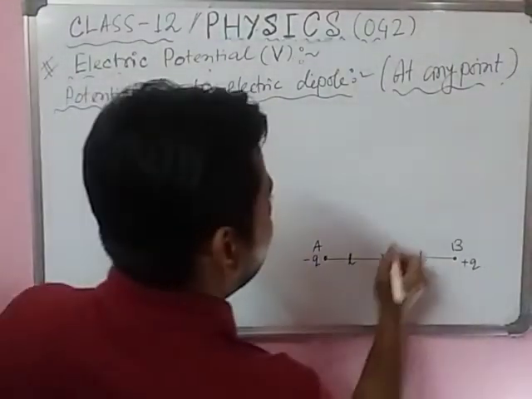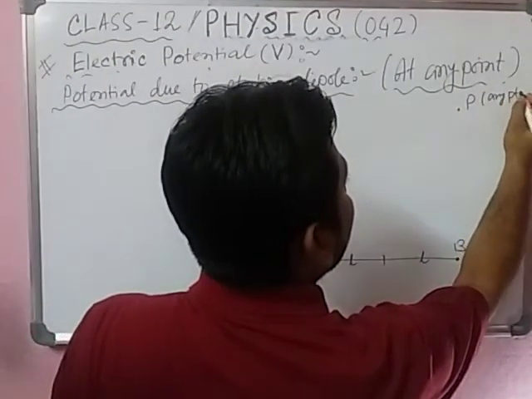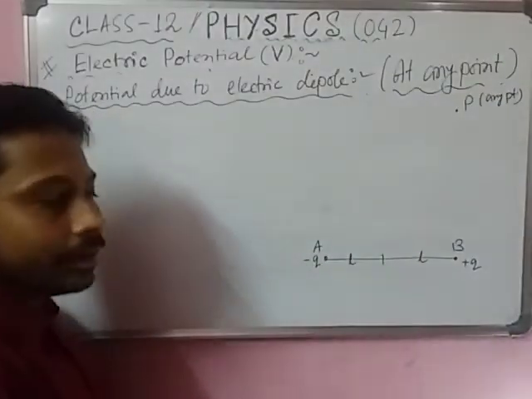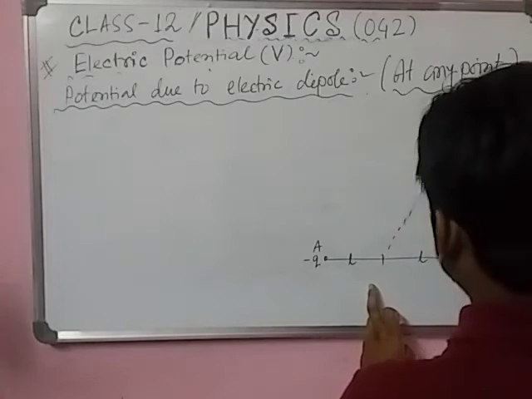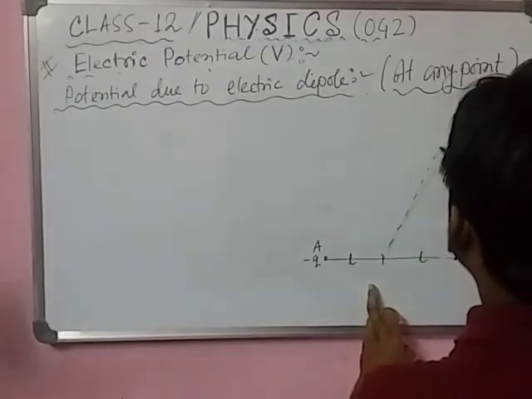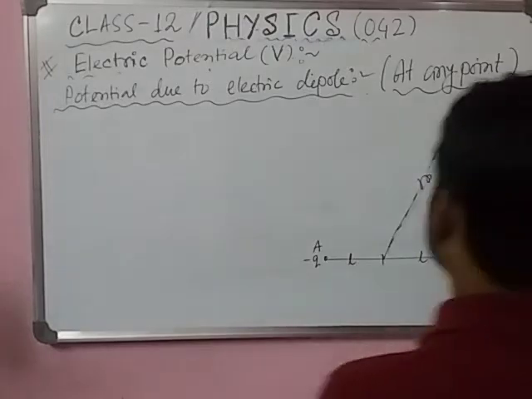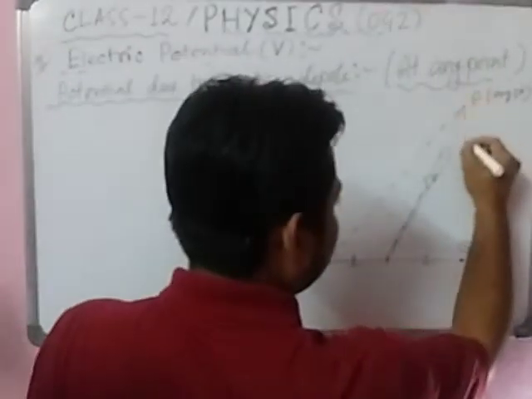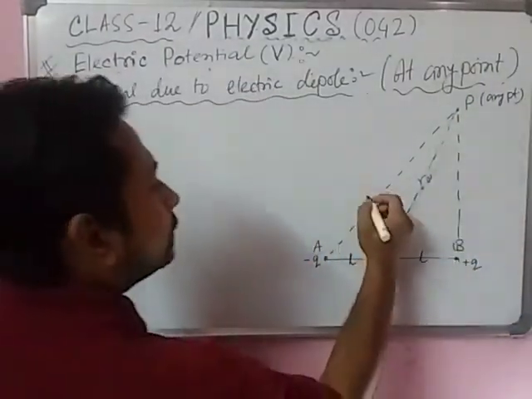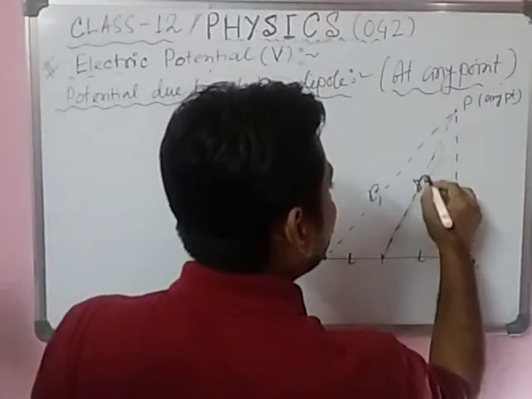Now we take a point P, this is any point, and we want to find out the potential at the point P. So we draw a connecting line, take the distance as r. Now we join A to P like this and B to P like this. This distance is taken as r1, this is r2. You just pause the video and draw it.